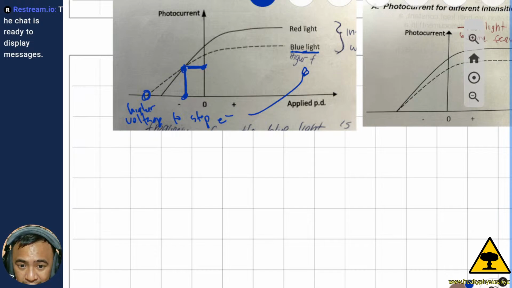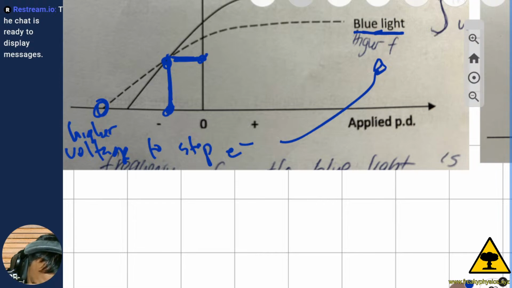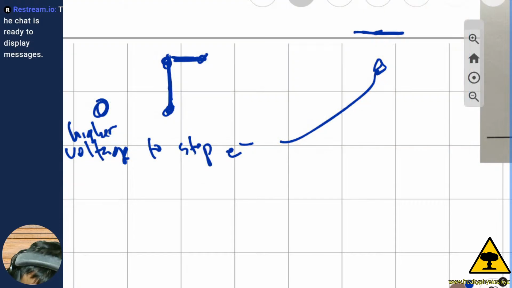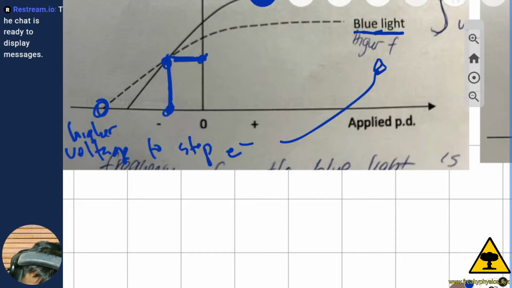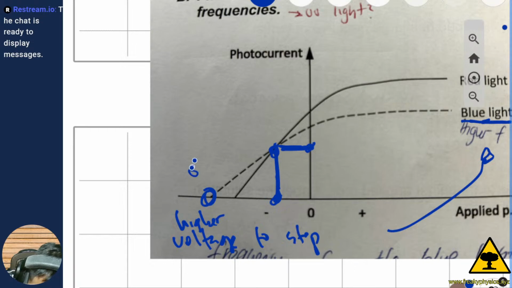And does that mean that electrons with just a certain voltage can pass through? In this case, no. I'll add a term here, let's label this stopping potential.